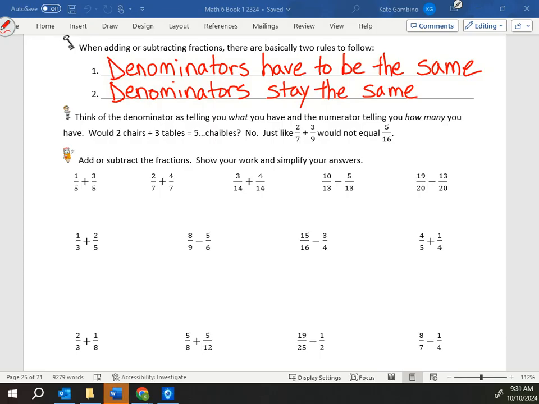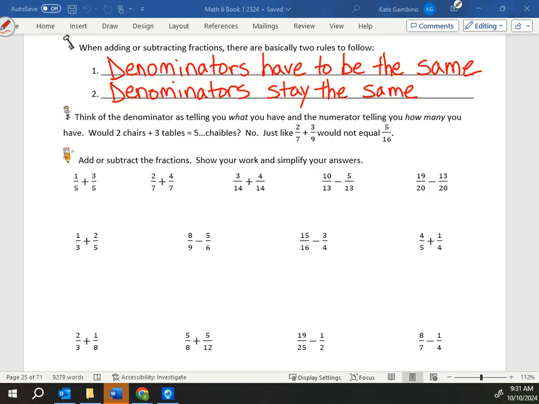Okay? So we don't just look at adding and subtracting and add the numerators across, add the denominators across. Nope. You have to follow these two rules or it will go bad for you. Guaranteed.